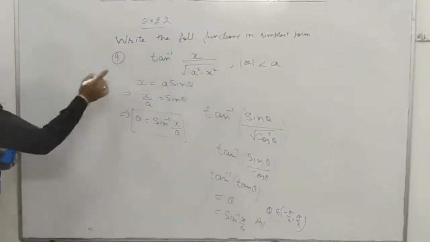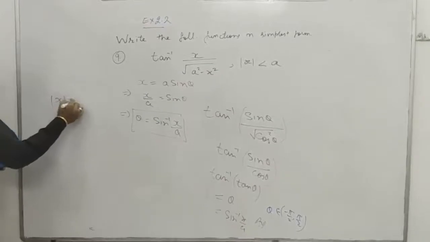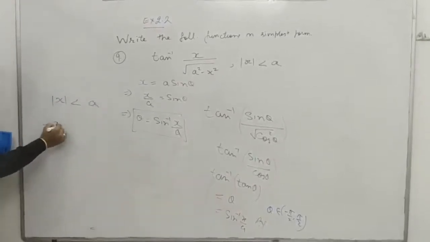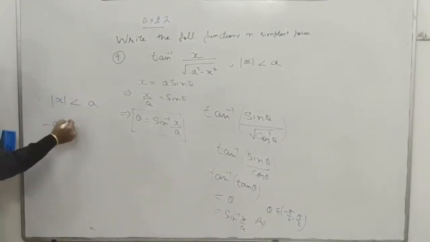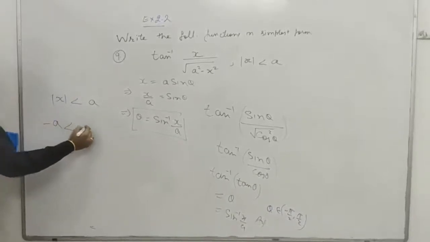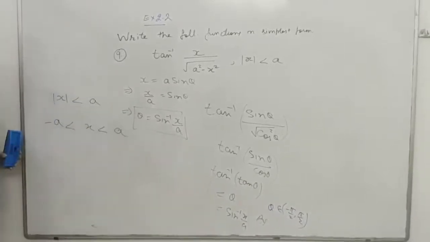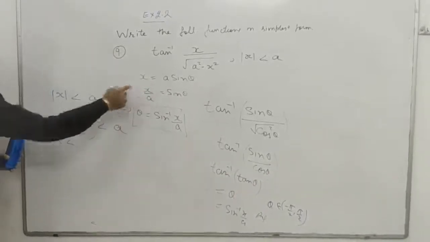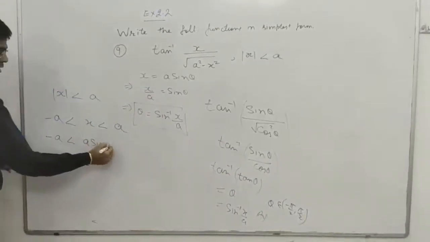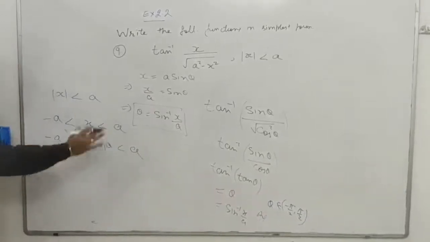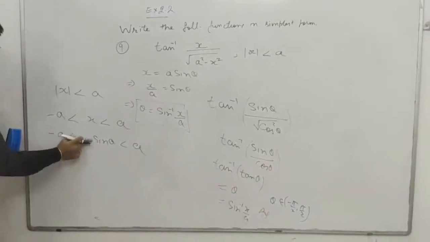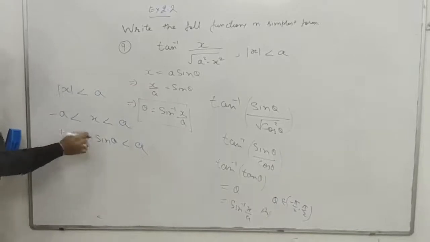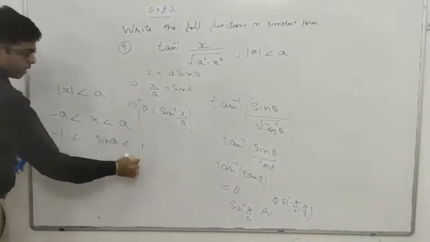So now mod x is less than a means x is greater than minus a and less than positive a. Now what is x? x is a sin theta. Now divide by a in this inequality, and you will get minus 1 and here positive 1.